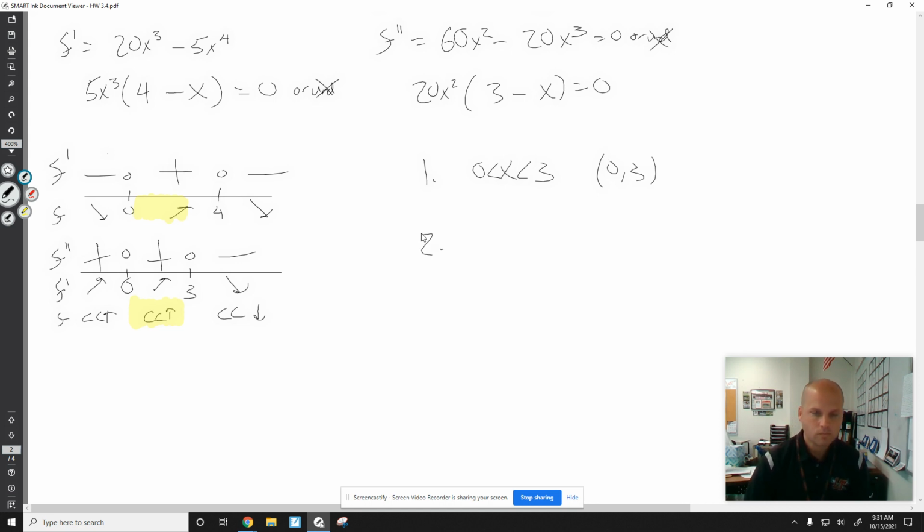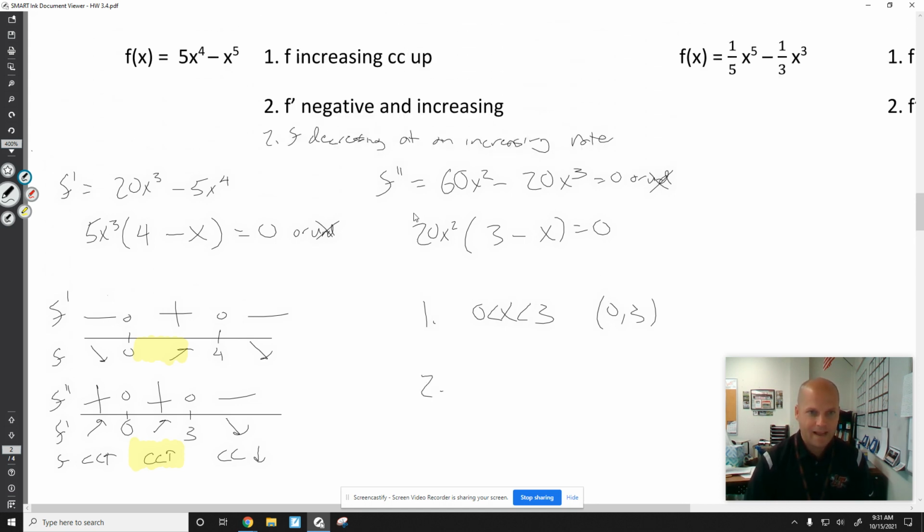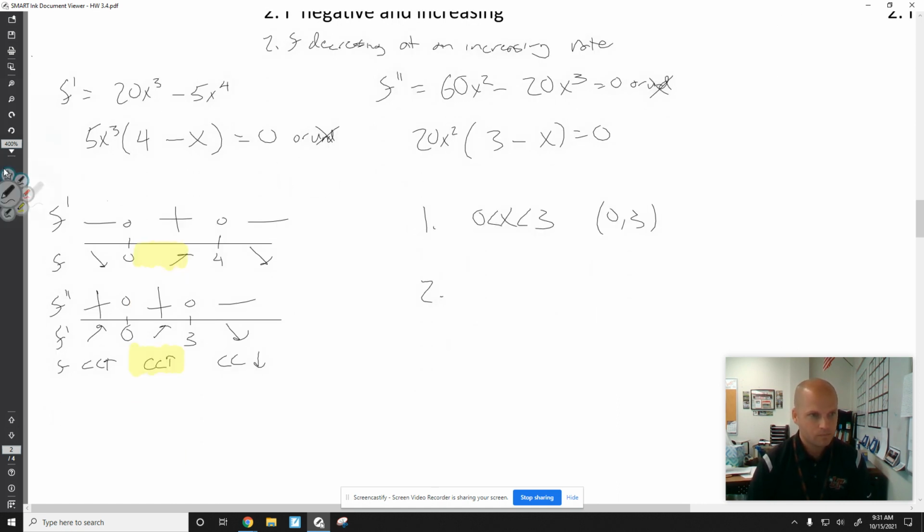Two, f prime is negative and increasing, or f is decreasing at an increasing rate. F prime is negative and f prime is increasing. Here's f prime increasing. Here's f prime increasing. Here's when f prime is negative and increasing.